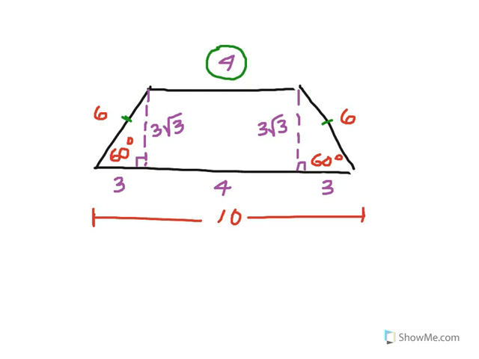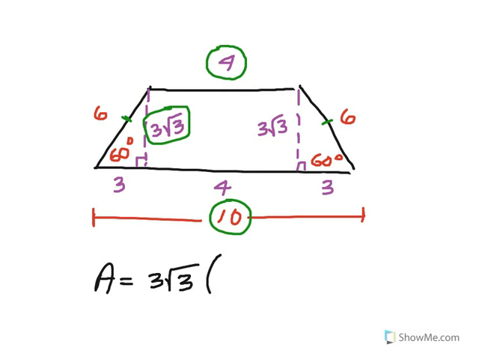So now I think I've got all the information I need because I have the two bases, the 10 and the 4, and I have the height of 3 root 3. So the area of this figure is equal to, let's go with height, times average base length.